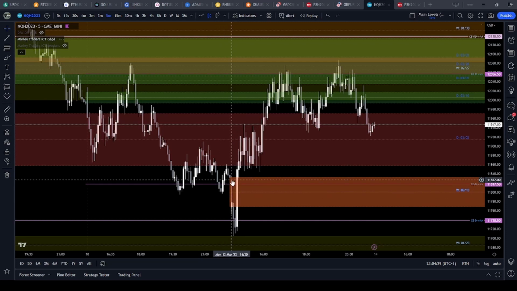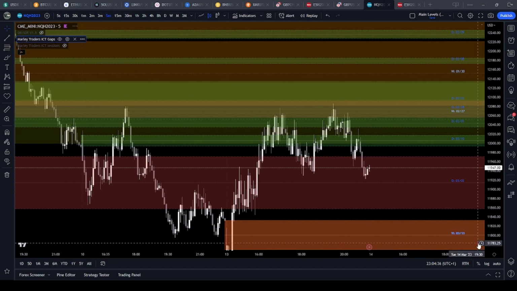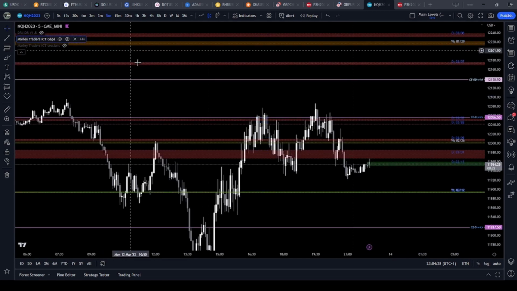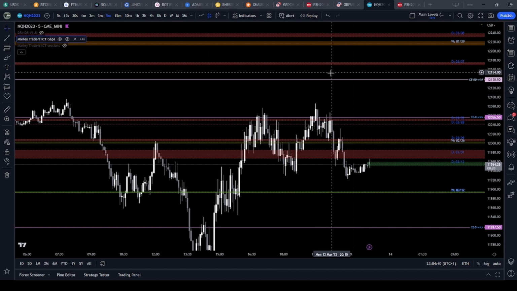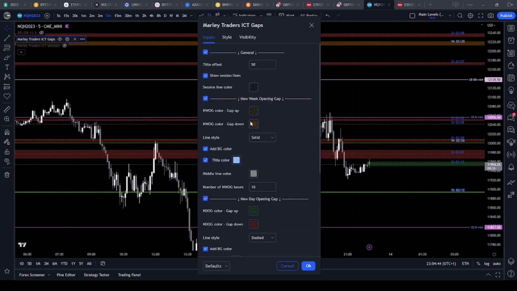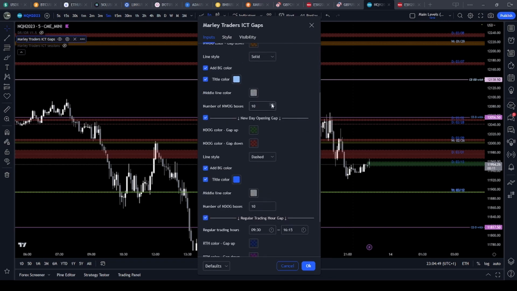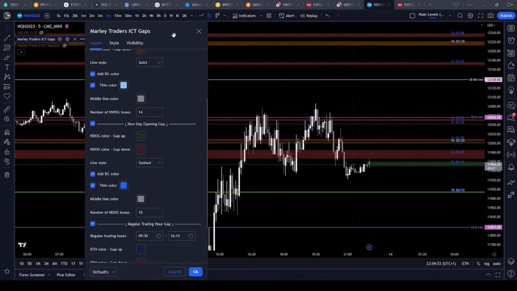You see the gap, it opens, and see how it's respecting all these levels. Boom. So if you go here, you take it, and I'll probably print more.